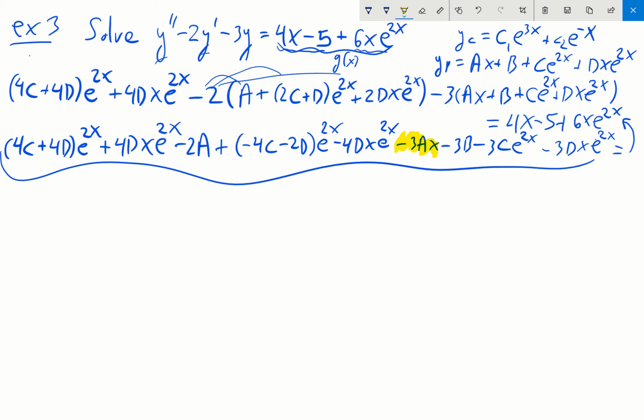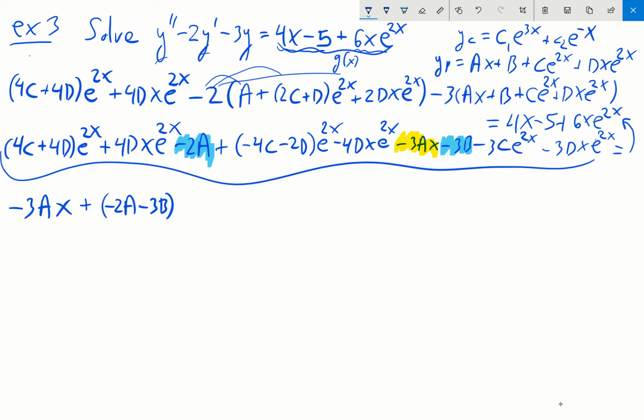This is my only x term on the left-hand side, so I'll put that first. It's negative 3ax. Now let me look for the constant term. There's a negative 2a term and a negative 3b term. Those are the only constants. So negative 2a minus 3b is that constant term.